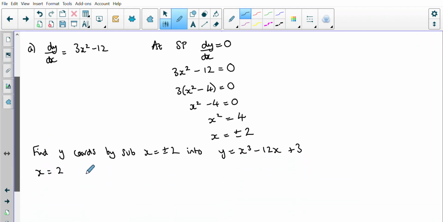So when x equals 2, y is going to equal 2 cubed minus 12 times 2 plus 3, so that gives us y is minus 13.